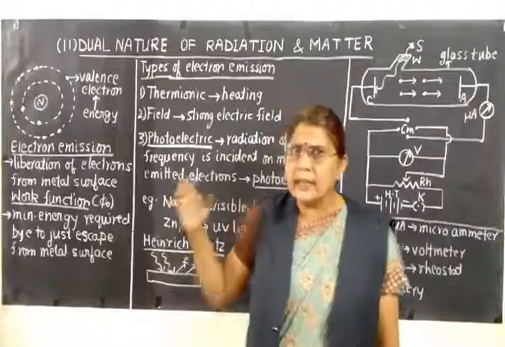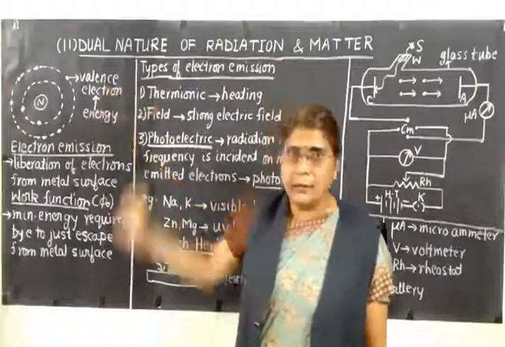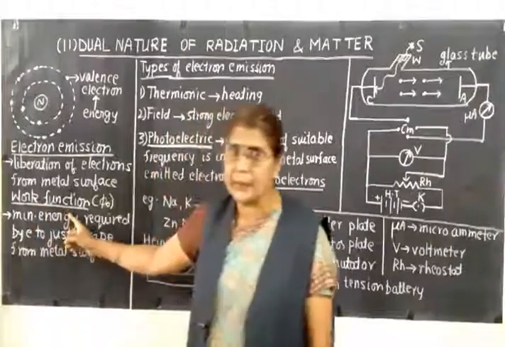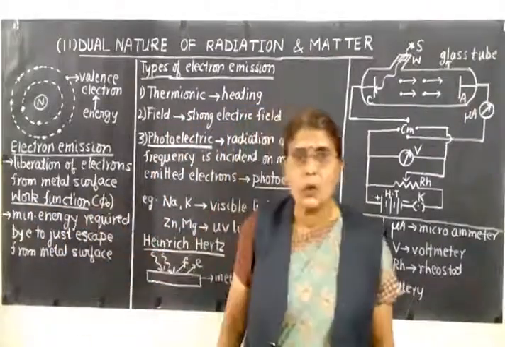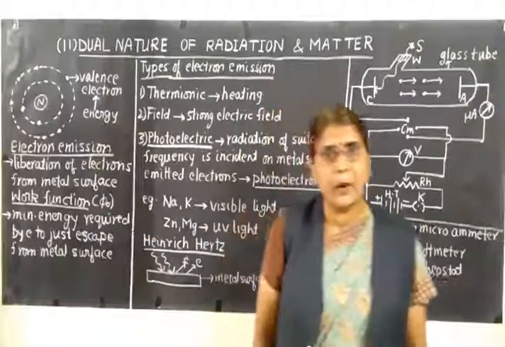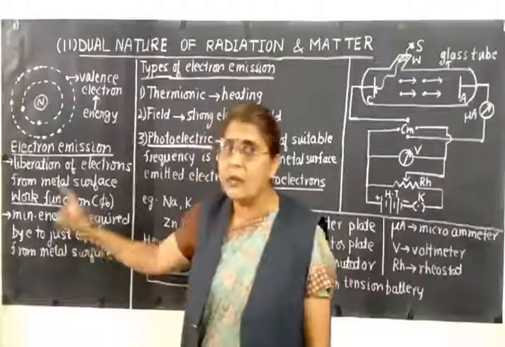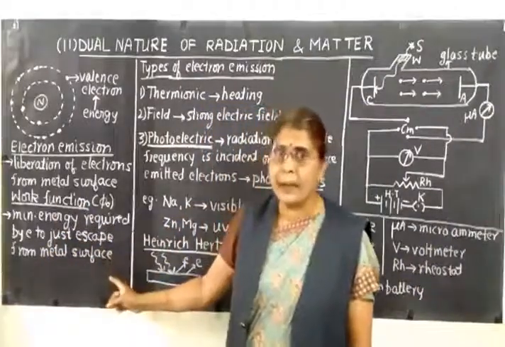There is a certain minimum energy required by the electron to become free, and that energy is called the work function. It is denoted by the letter phi 0. So what is work function? This is a very important definition. It is the minimum energy required by the electron to just escape from the metal surface.